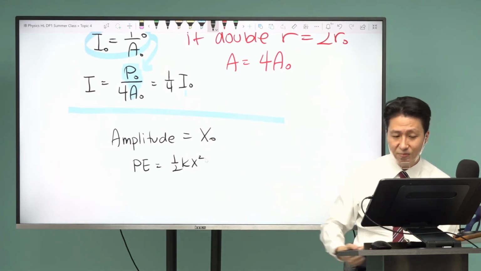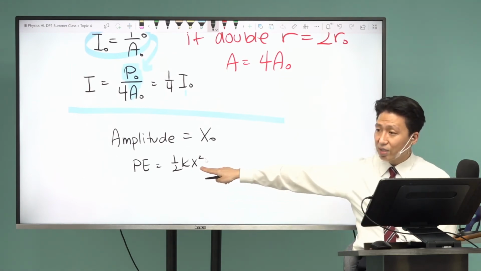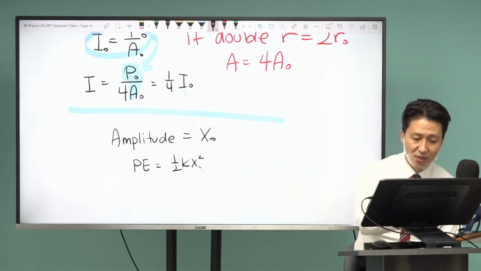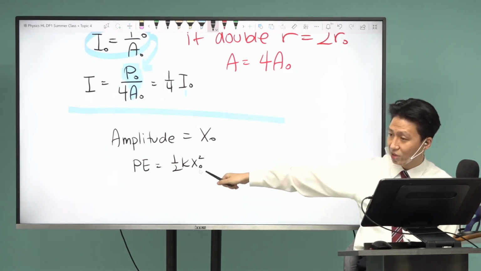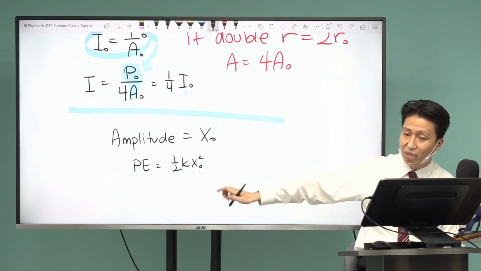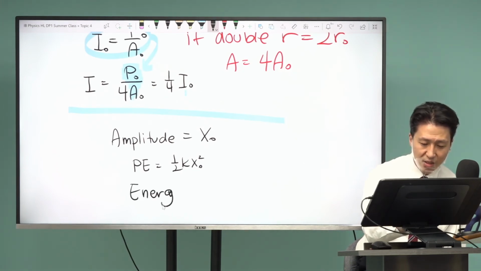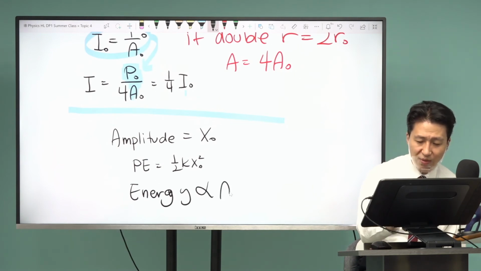Infinite number of points. But this still holds up, right? It just depends on the amplitude. How big is this amplitude, right? So the amount of energy is proportional to the amplitude squared.